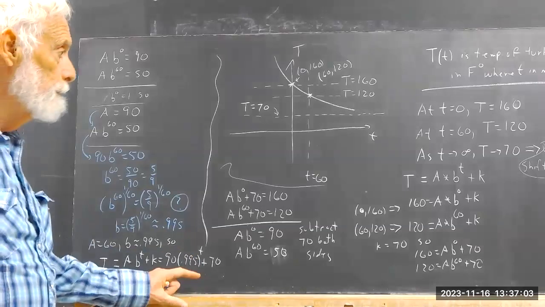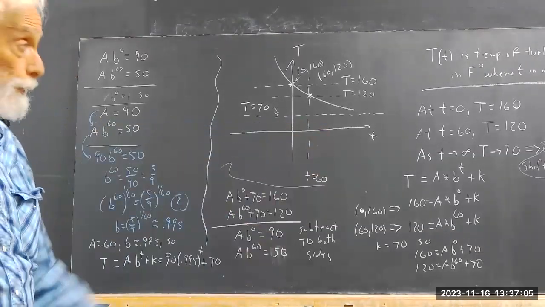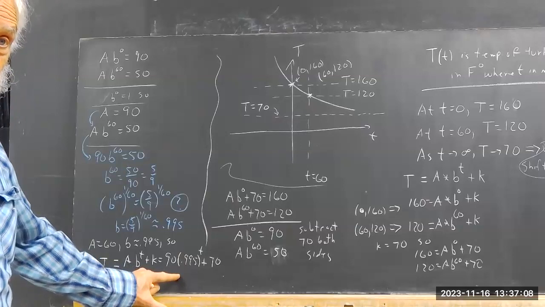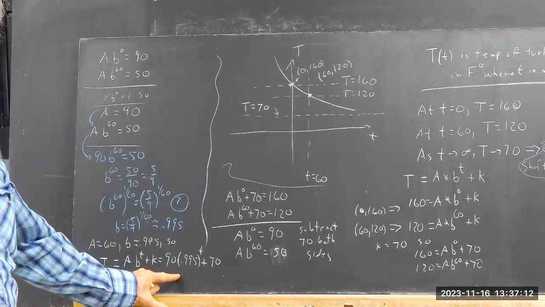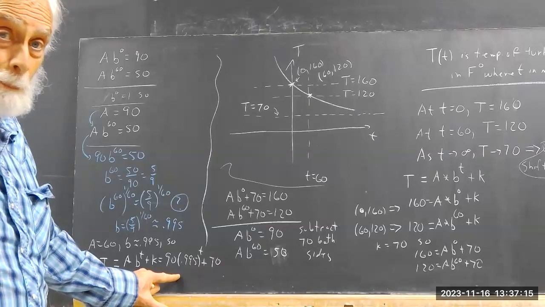Now you could plug 60 in for T and see how close that gives you to 120. Might not be too far off. It's not going to be all that close even, unless you just don't look.